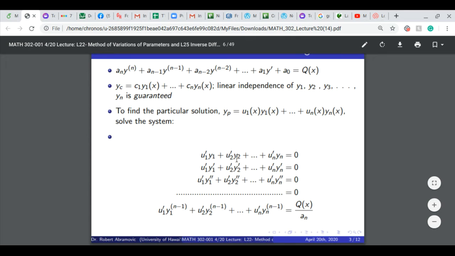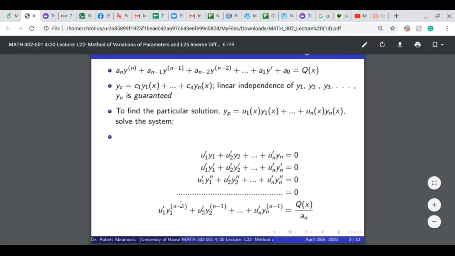u1 prime y1 plus u2 prime y2 plus through un prime yn is 0. u1 prime y1 prime plus u2 prime y2 prime plus through un prime yn prime is equal to 0, all the way down to u1 prime y1 to the n minus 1 plus u2 prime y2 to the n minus 1, all the way to un prime times yn to the n minus 1.